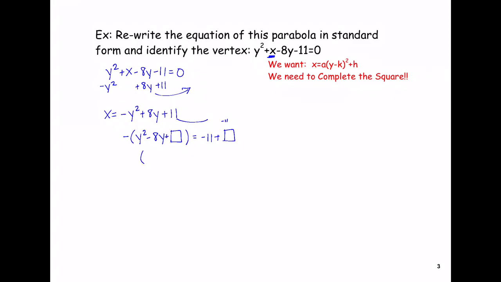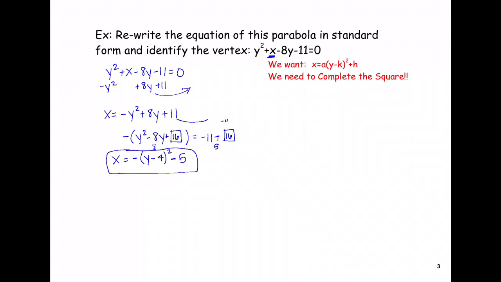Then we complete the square by doing b divided by 2. Negative 8 divided by 2 is negative 4. Negative 4 squared is 16, which goes in your boxes. And negative 11 plus 16 gives us 5. We then need to move our 5 back over using the inverse operation, so in the equation for our parabola, it's going to be negative 5.